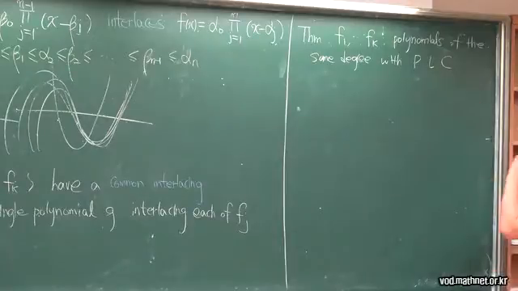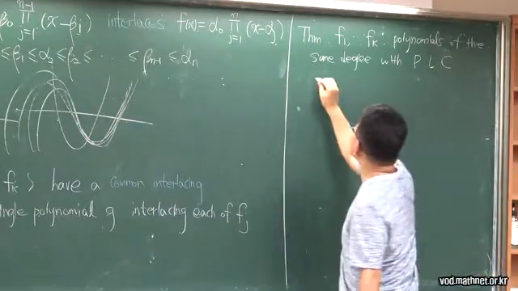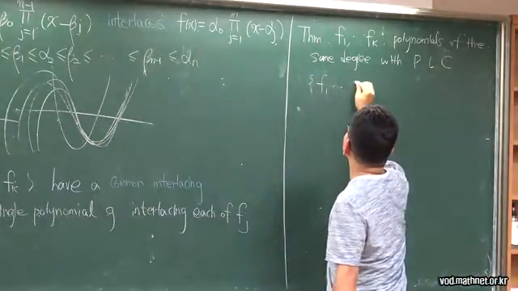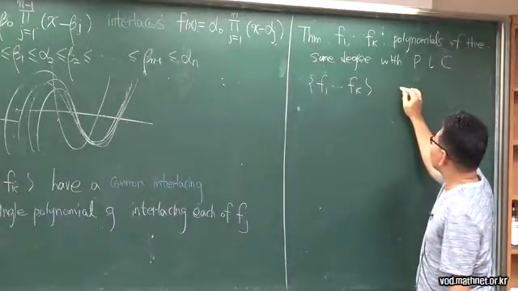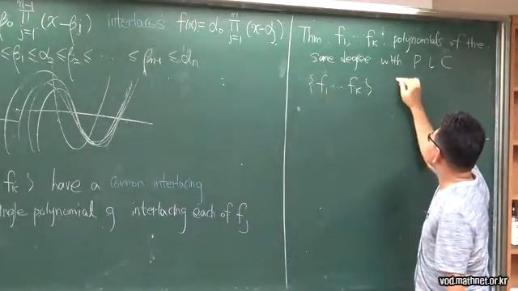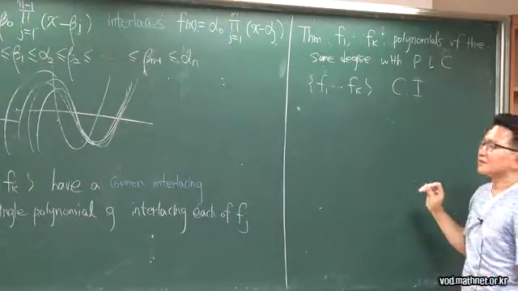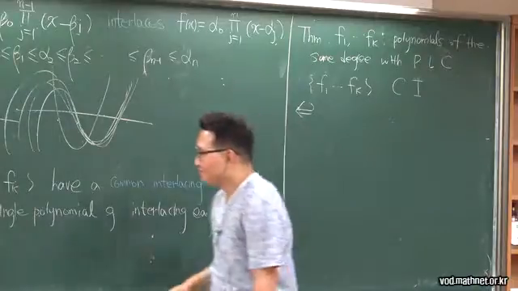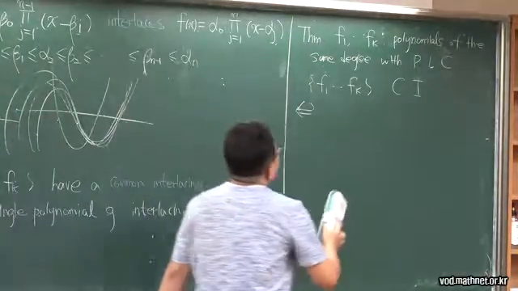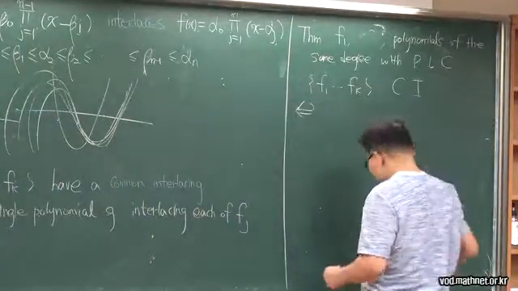And so those polynomials have a common interlacing if and only if... Maybe we don't need the general version. So let's think about just the two polynomials.